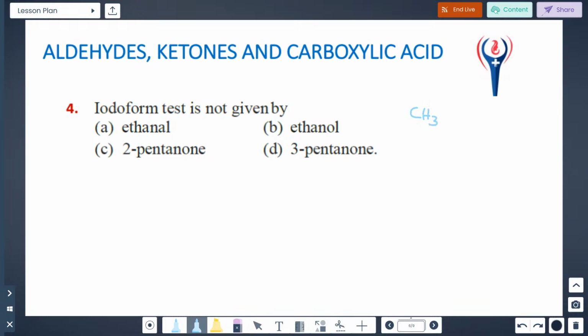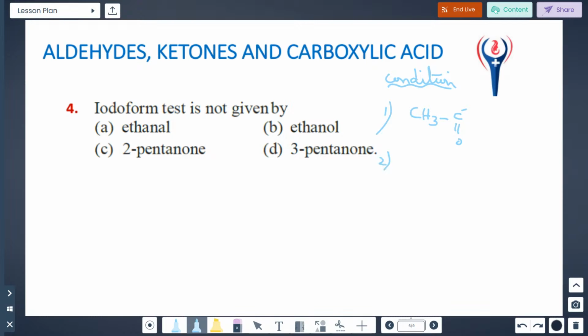The compound should have CH3, C double bond O. Just note the conditions, all of you. This is a condition, simple one. Any compound that undergoes iodoform, the compound should have the CH3, C double bond O group.